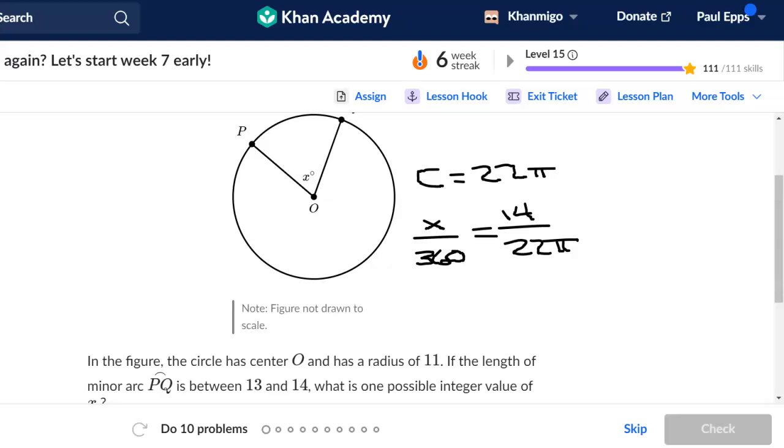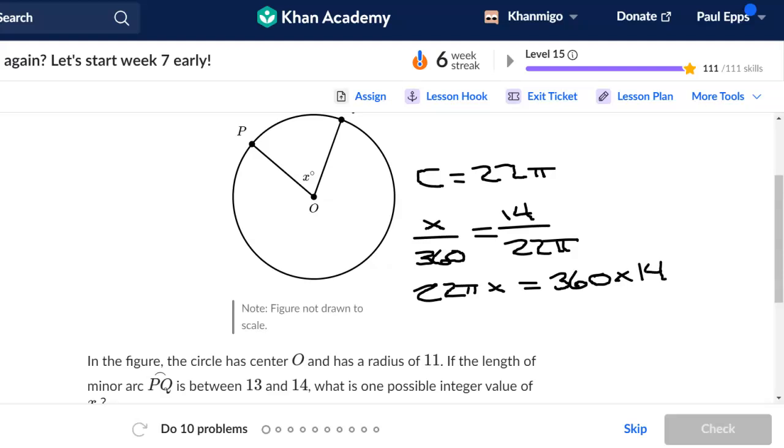So we can cross multiply this. 22 pi times x equals 360 times 14.